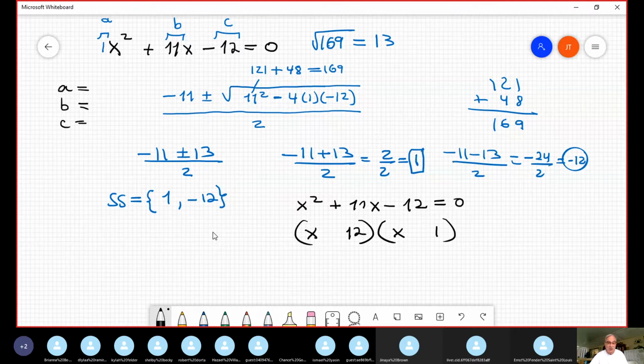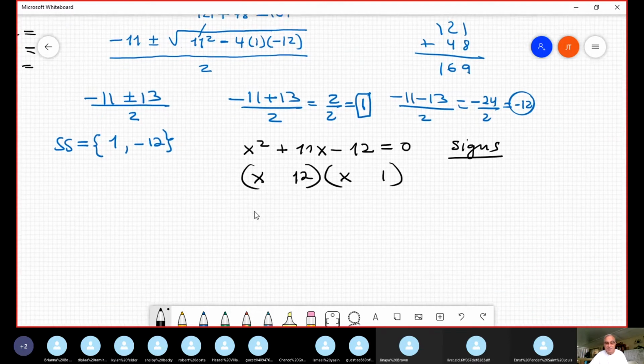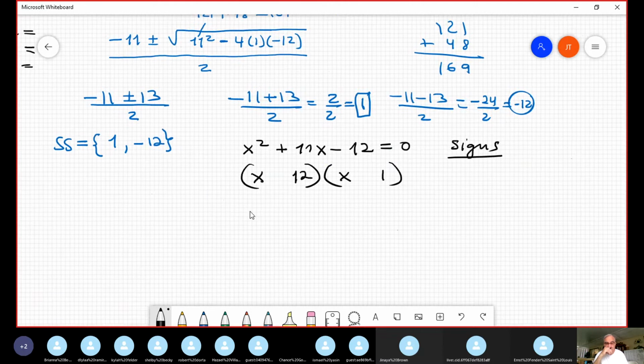What sign? Who helps me with the sign part? You don't remember factorization? You forgot factorization. You cannot pass this class. Come on. What about the signs?